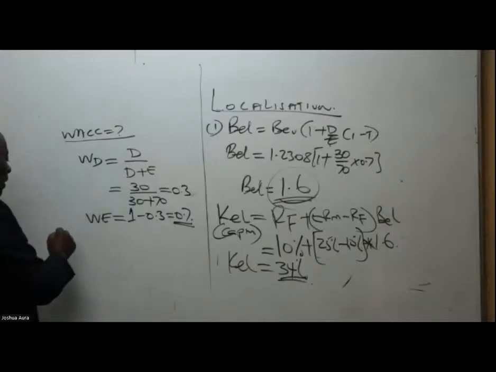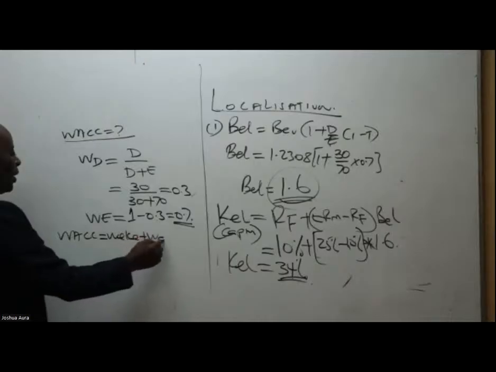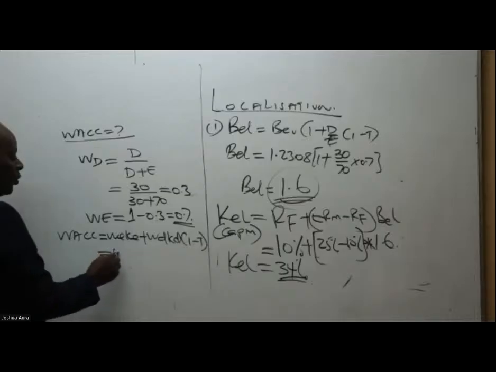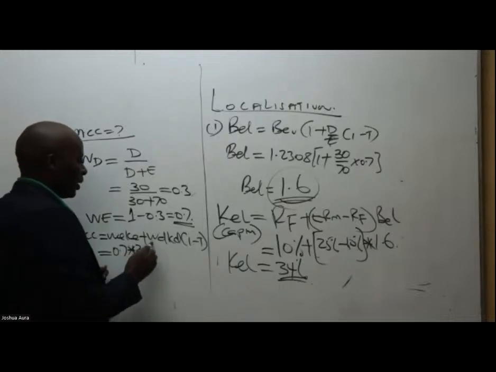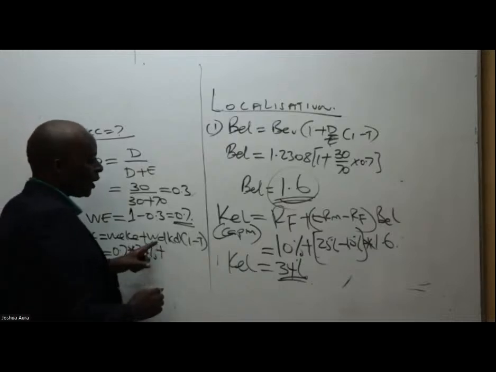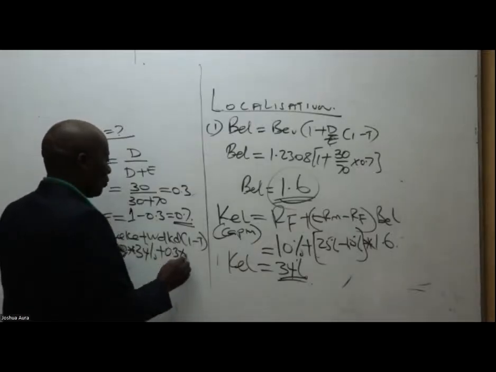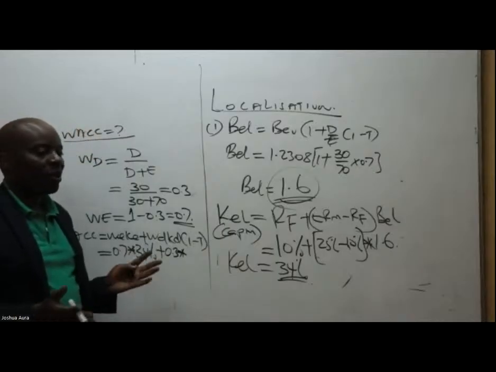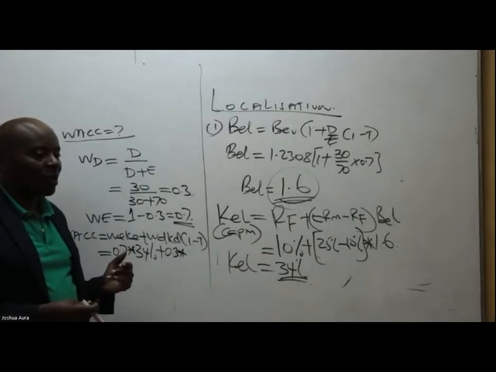So the WACC will be weight of equity times cost of equity, plus weight of debt times cost of debt times (1 minus tax). The weight of equity is 0.7. The cost of equity we already have as 34%, plus weight of debt, which you gave me as 0.3. The cost of debt, has it been given expressly or do we work with risk-free, which is 10%?